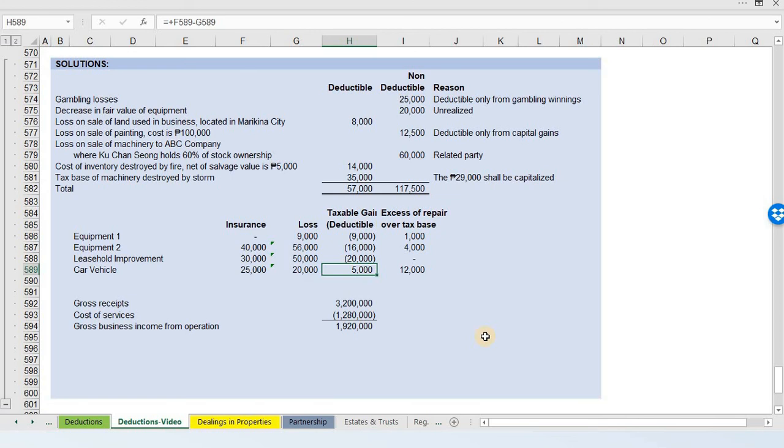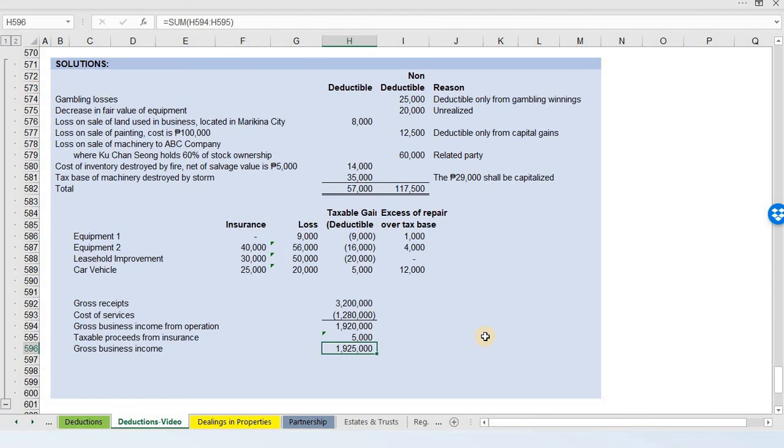So it will be classified as non-operating income, and it's still part of the gross business income. That is the taxable proceeds from insurance, which is the excess over the loss, for 5,000 pesos. So the gross business income is 1,925,000 pesos. Now let us deduct the itemized deductions.